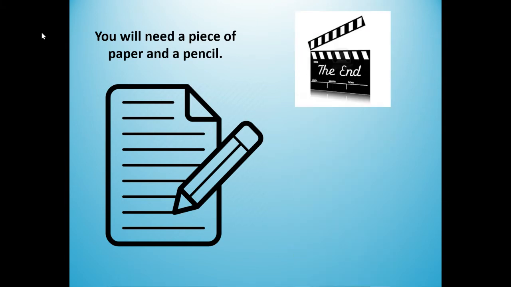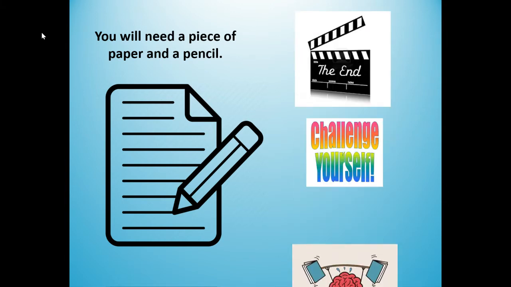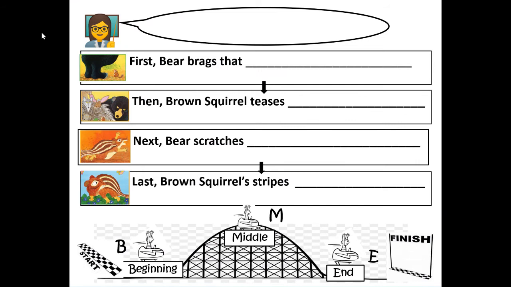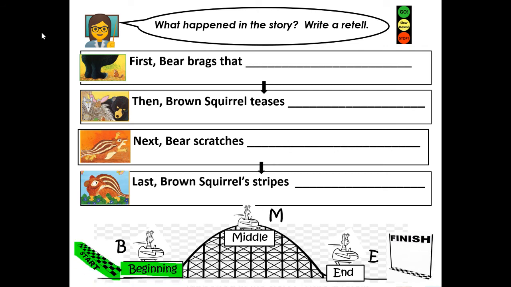Because at the end of our review, you're going to challenge yourself and answer this question. What happened in the story? Write a retell. We're going to use our traffic light colors. Green means go, or tell the beginning or the start of the story. And you're going to say first and write it. Then we're going to slow down. Yellow means slow down.